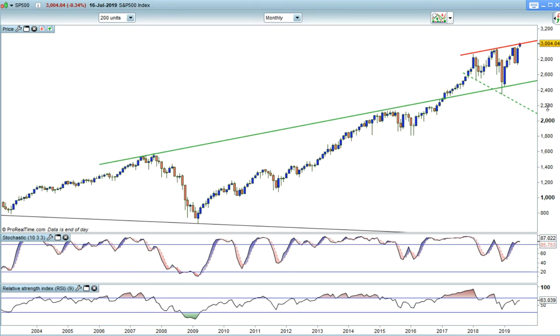For me, at the moment, I'm not going to stand in front of the speeding train. I may do at 3031. But everything I'm looking at on these long-term charts is telling me that we're in trouble on the US stock markets.